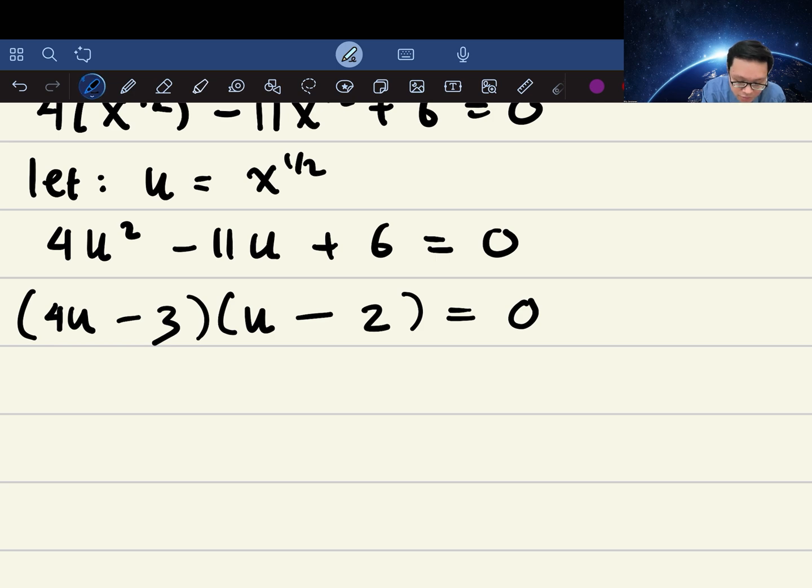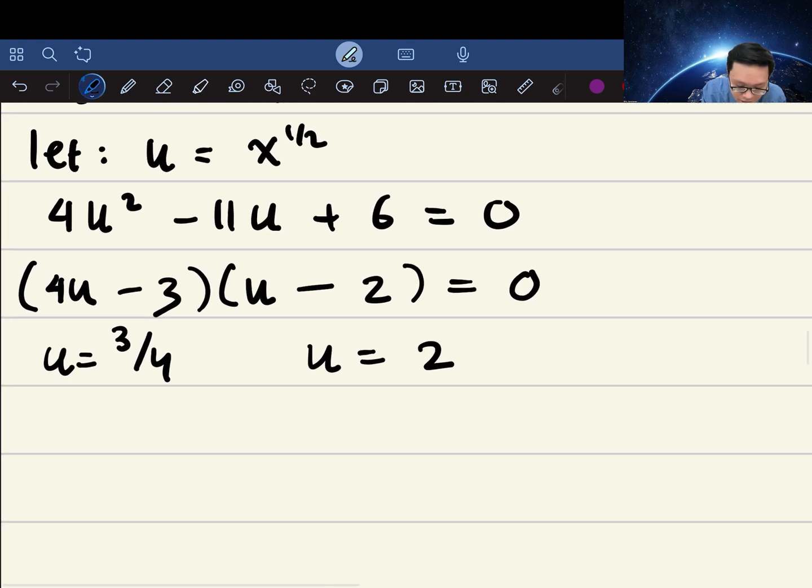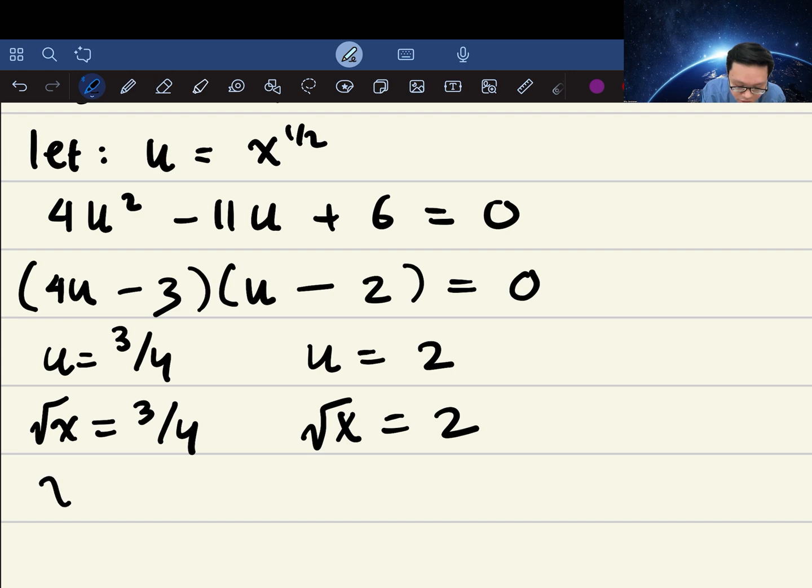So we have u equals 3 over 4 or u equals 2. And we have u is x^(1/2), which is square root of x. So square root of x equals 3 over 4 or square root of x equals 2. And to get x, you just need to square both sides, it becomes 9 over 16 or x equals 4.